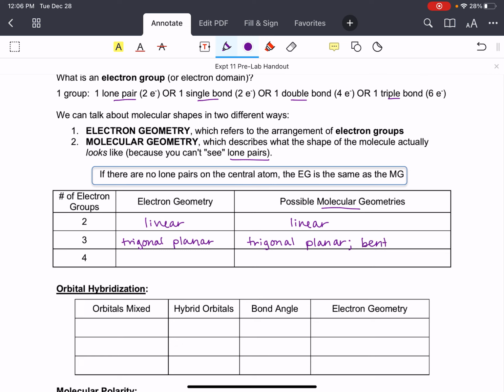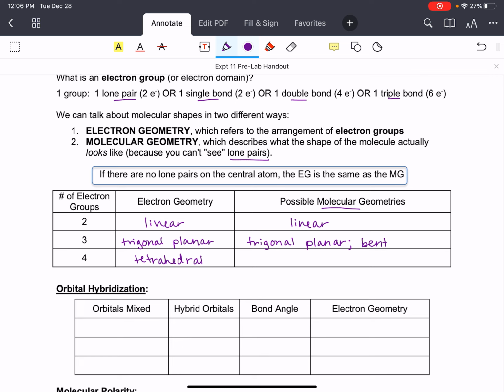The last electron geometry we'll discuss is 4 electron groups. That is a tetrahedral arrangement. So when you're thinking about your atoms or molecule in 3 dimensions, you'll recognize that you'll be able to kind of spread your atoms apart in 3 dimensions, and that's why it's tetrahedral and not square planar.